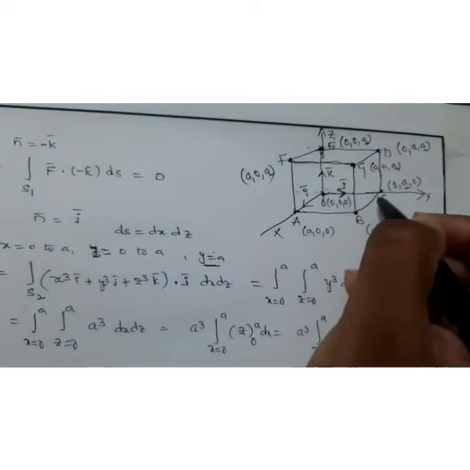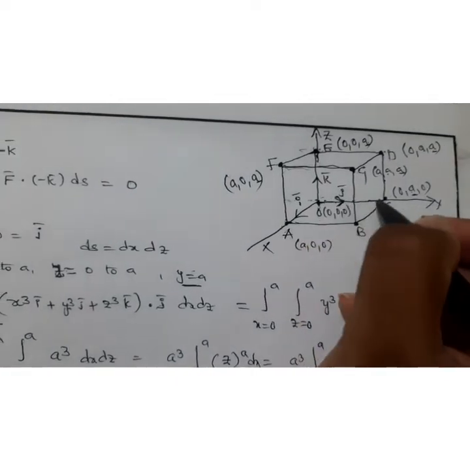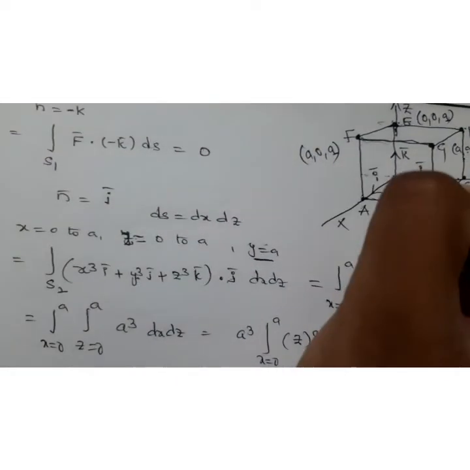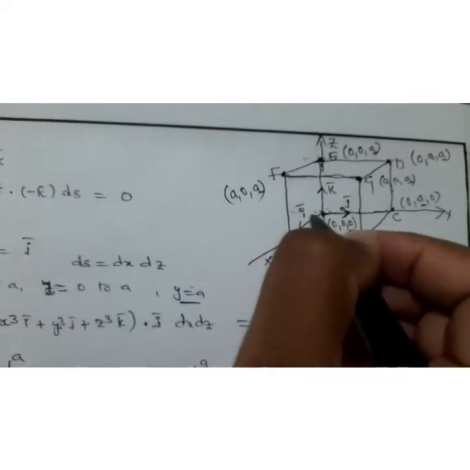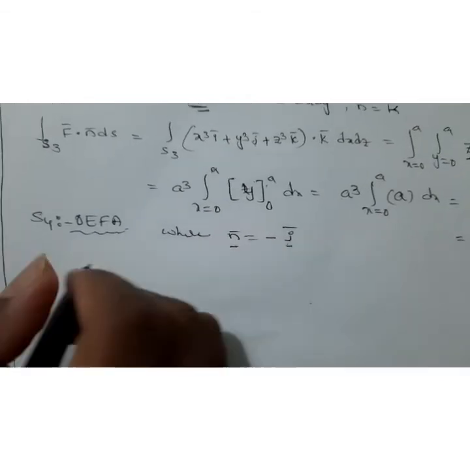OEFA, for this surface, the opposite surface is j bar, the unit outward drawn normal vector is j bar, exactly opposite is minus j bar. Therefore, unit normal vector n bar is equal to minus j bar.